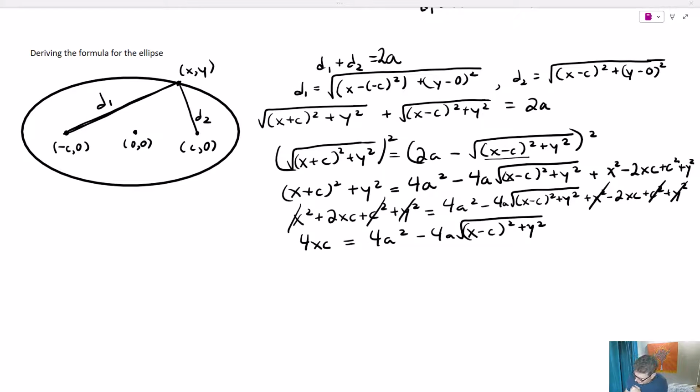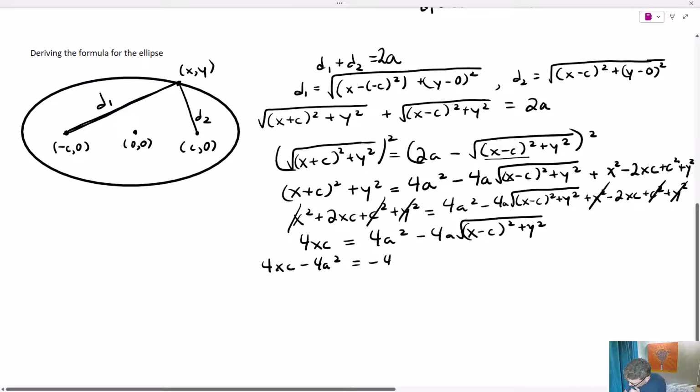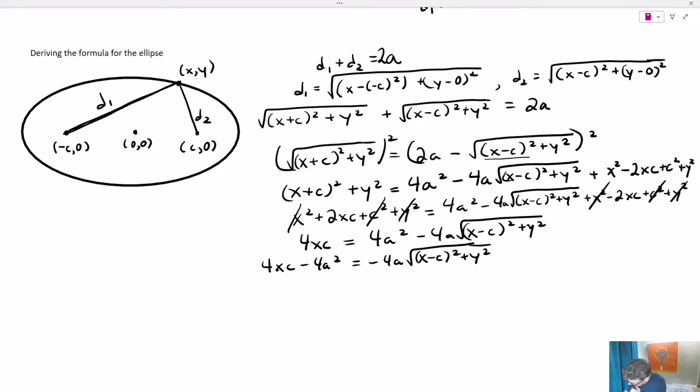Now we'll pull over the negative 4a, so we'll get 4xc minus 4a squared, and that'll equal negative 4a times the square root of, again, x minus c squared plus y squared. And then we'll divide through by 4, and that'll give me now xc minus a squared equals negative a times the square root of x minus c squared plus y squared.